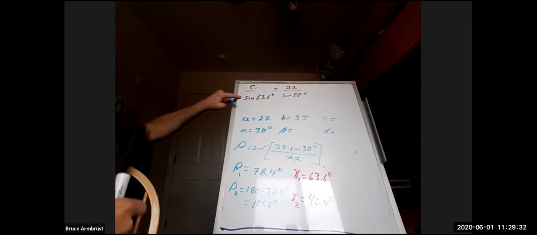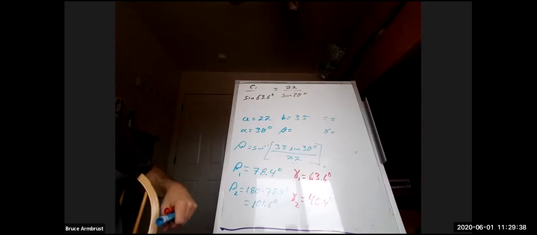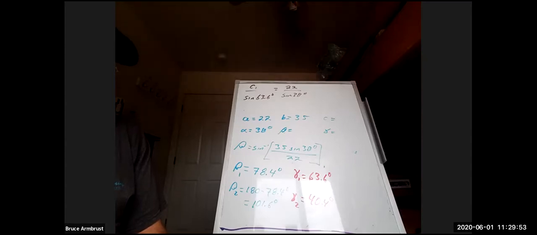So I'm doing C over sine gamma, and then I have to attach it to one of the other pairs. I went ahead and went to alpha because, like I told you before, my default is to go to the one that I didn't calculate, because anytime I do a calculation, there's the potential that I make a mistake. So this way I'm guaranteed that that won't be a problem.